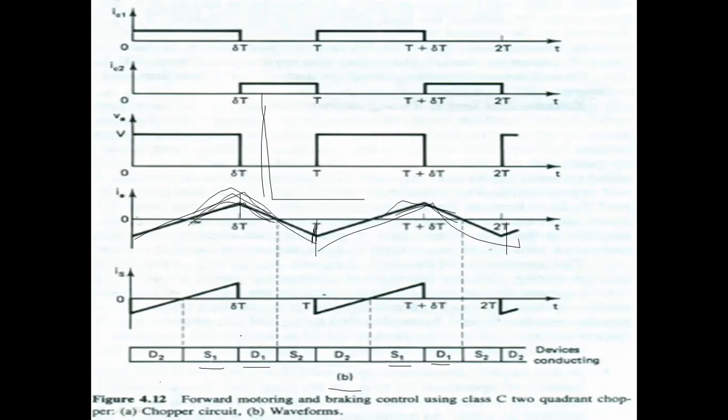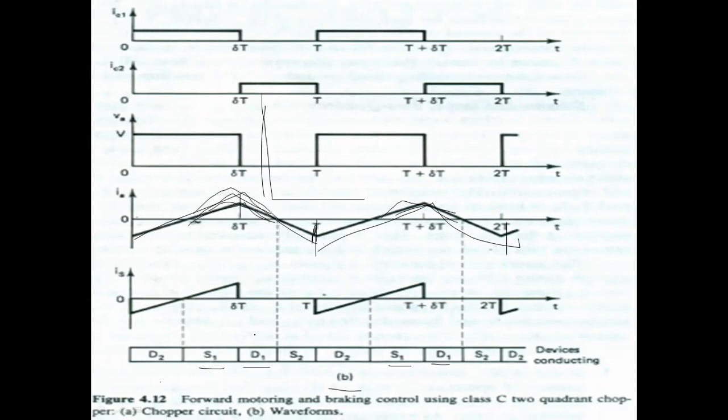During this time, S2 is also getting control signals, but it will not have a chance to conduct because the reverse bias is applied by the conducting diode D1. So that's why S2 will not conduct.